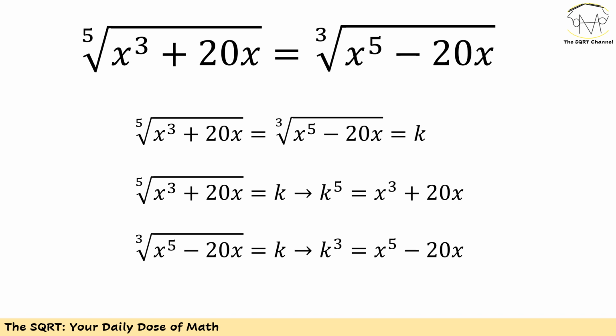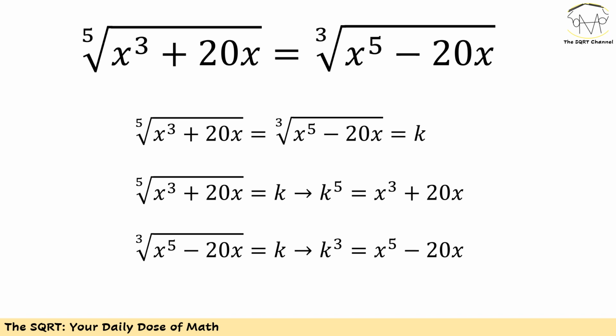Now, since I have just one single equation, which is basically either the first one or the second one, I'm going to take power of 5 or power of 3. So let's start with taking power of 5 of the first equation. I'm going to end up with k to the power of 5 equals to x cubed plus 20x.